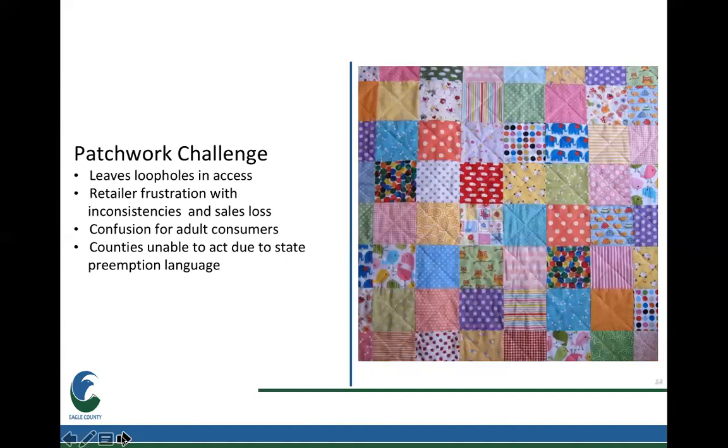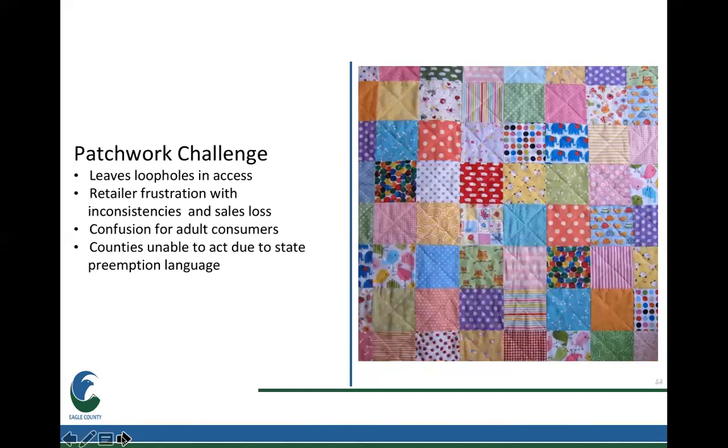In the case of Basalt, the unincorporated area of El Jebel is a literal walk across the street. We heard from local tobacco retailers in Basalt that they witnessed their patrons do exactly this in August when the tax went into effect, and their patrons learned that they could go across to the liquor store and purchase their tobacco products at a significantly lower price.